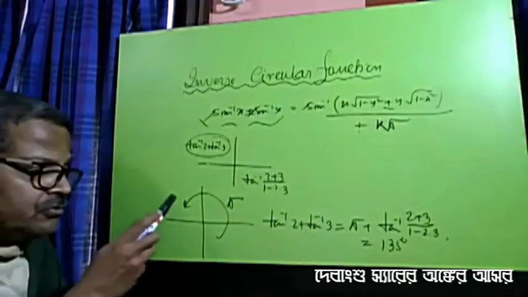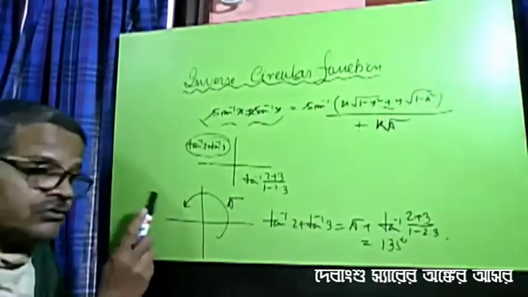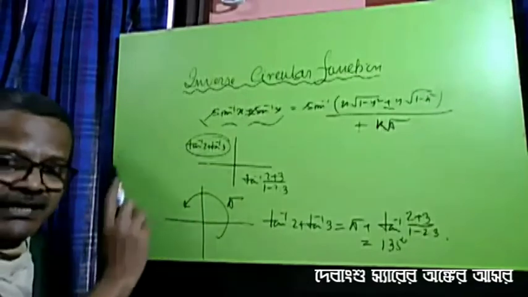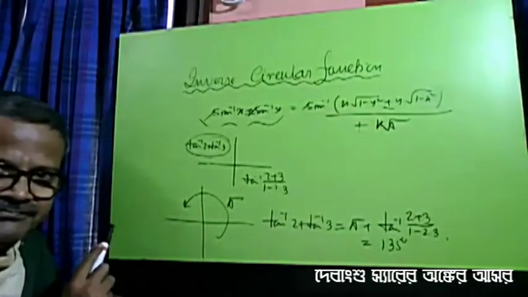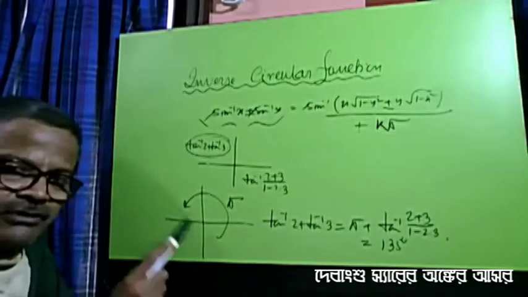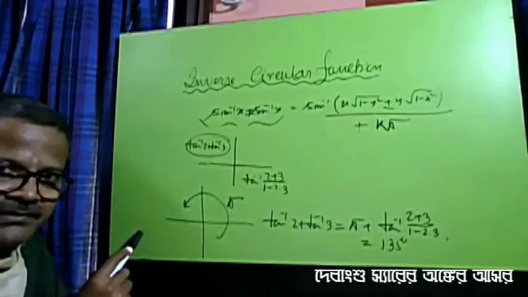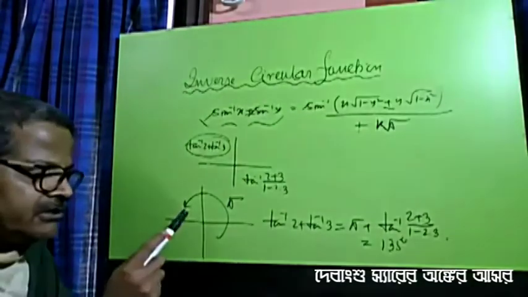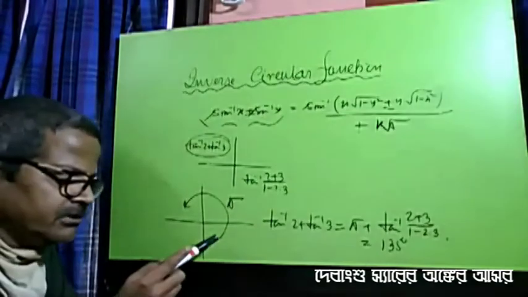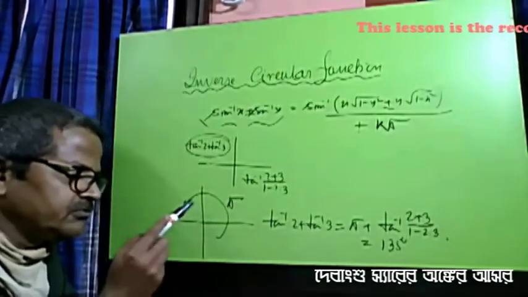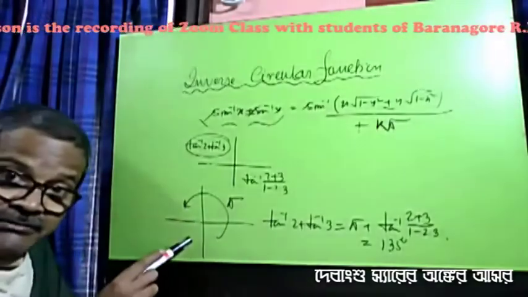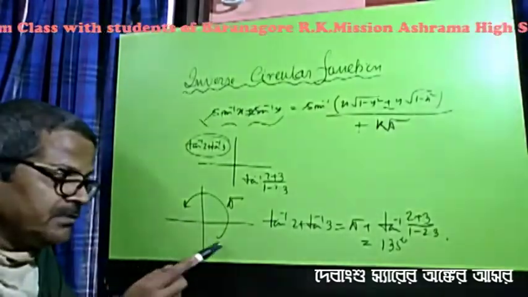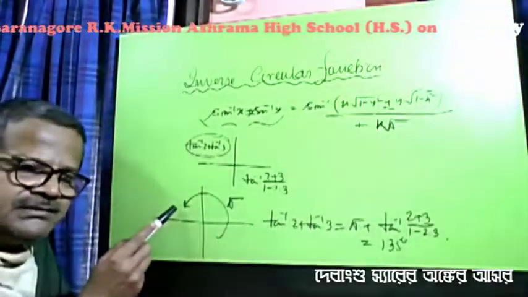So you have to look in which quadrant the sum actually lies and in which quadrant we arrived. And from that you have to think, how could I get from here to here? You have a negative acute angle and you have to convert it to a positive obtuse angle.